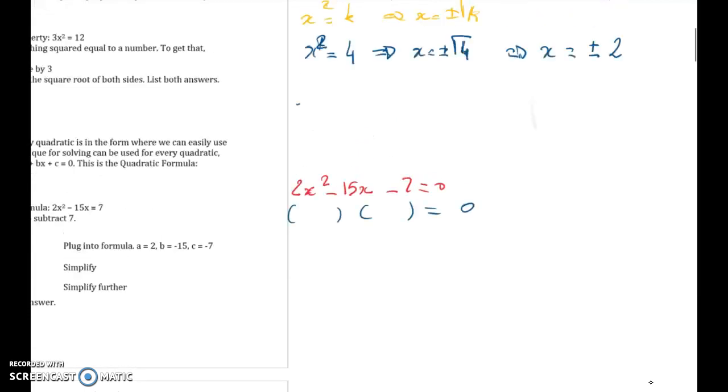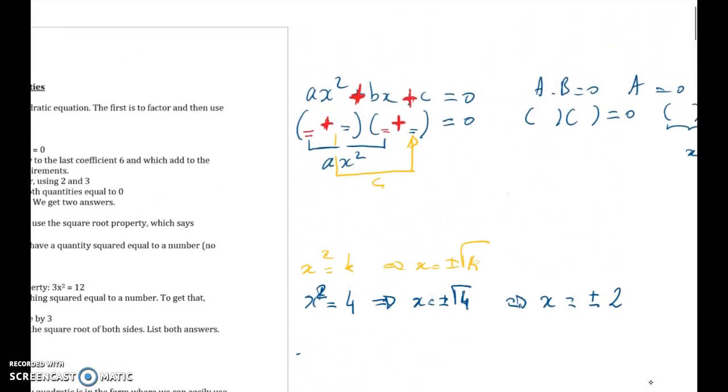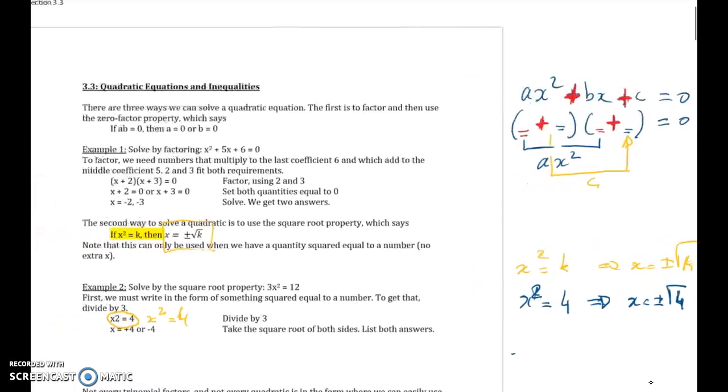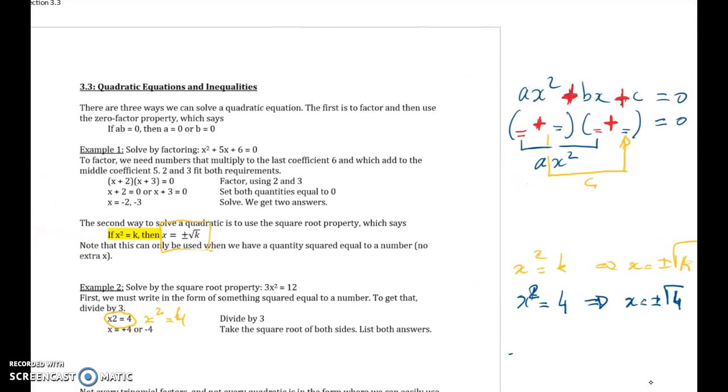Actually, in the previous problem, we could transform x plus 2 times x plus 3 into x squared plus 5x plus 6. x by x gives you x squared, 2 by 3 gives you 6, and we just need to check the middle term: 2x plus 3x equals 5x.